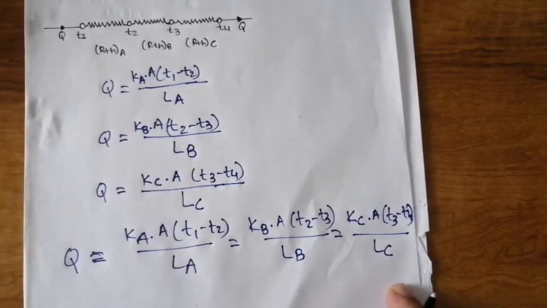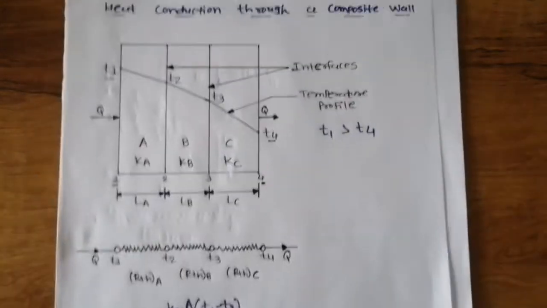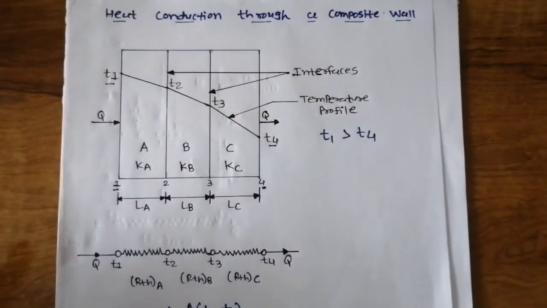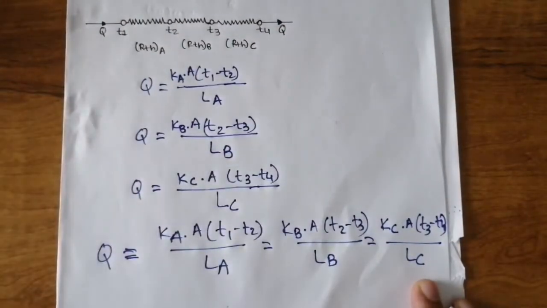Why do we write it the same? Because steady state conduction means the rate of heat transfer for each layer is the same.